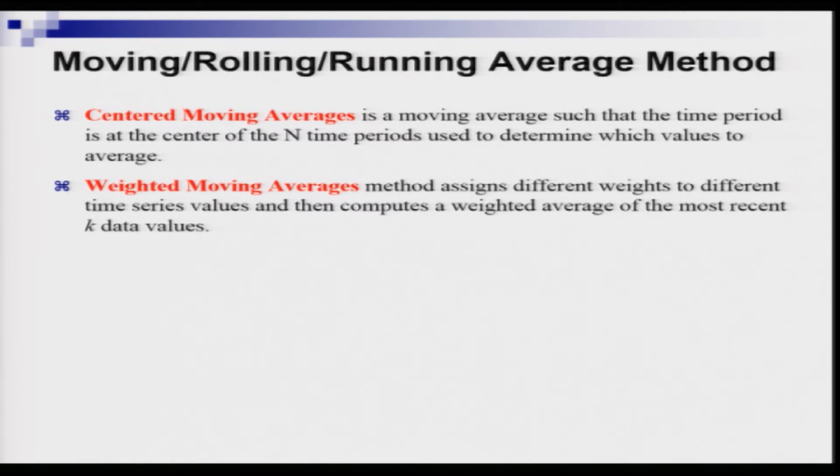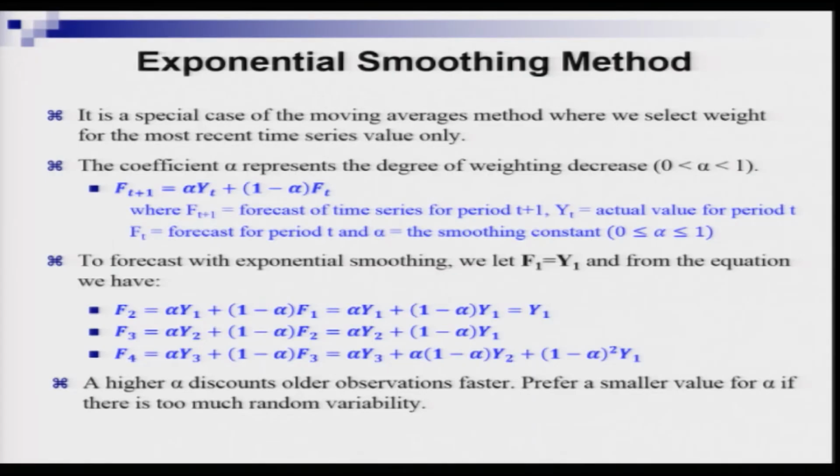Now we are going to consider the case of exponential smoothing, which is a special case of the moving average method. It can also be seen as a weighted moving average method. Under the exponential smoothing method, we select the weights for the most recent time series value only.